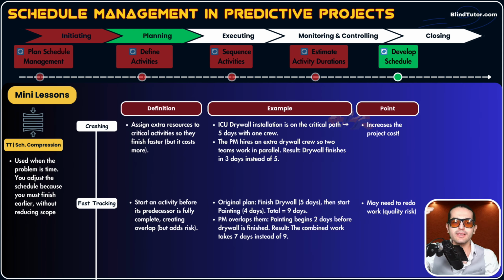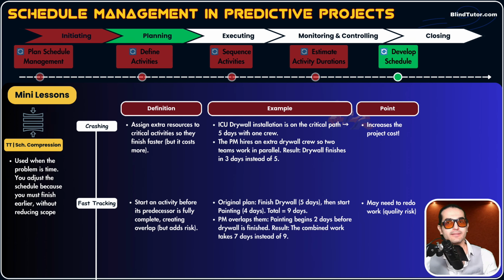What's the result? The combined work takes 7 days instead of 9. We didn't add extra resources here, guys. We just started activity B earlier. Activities B and A now overlap. When this activity starts earlier, our project shifts this way, so we finish it earlier.